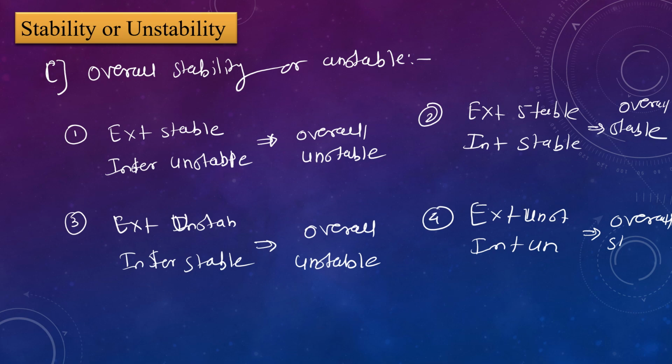No, this structure is not overall stable. This structure is also overall unstable. So the only condition is that if both external and internal are stable, then only the overall structure is stable.